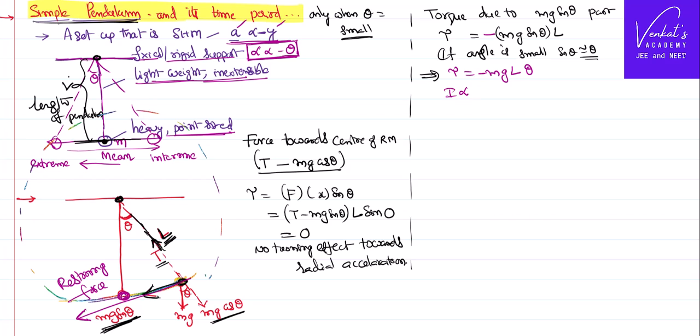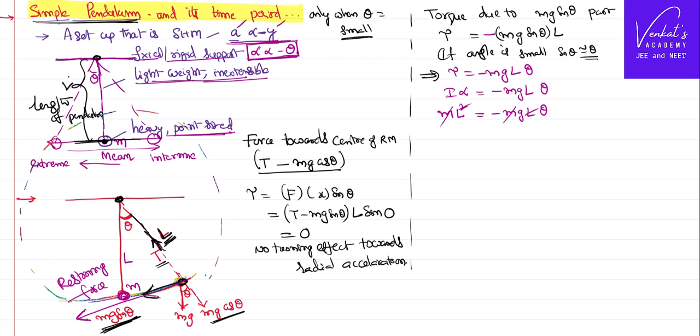The force that is trying to get back to its original position. So to say it's a restoring force, I have written a minus. I know tau can be written like I alpha, where I is the moment of inertia. Moment of inertia of this system is m r square, and r is nothing but L, where m is the mass of that body and L is the length of the pendulum. So m L square alpha can be written like minus m g L into theta. m can be cancelled, one L can be cancelled.